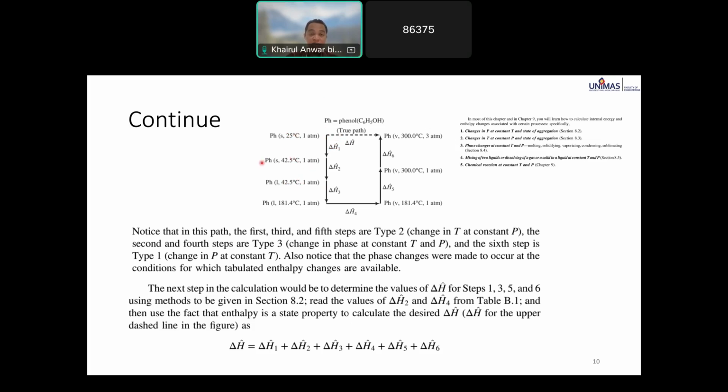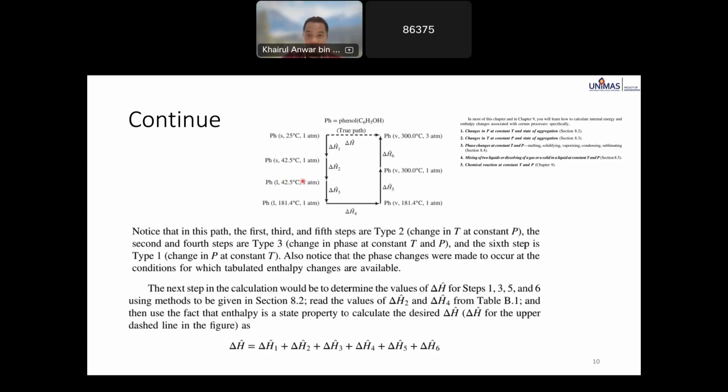Once it's reached the melting point temperature, meaning you need to calculate the delta H1, then you need to change the form lah. So the change of form is process type 3, yeah? From solid to liquid at similar temperature and pressure.